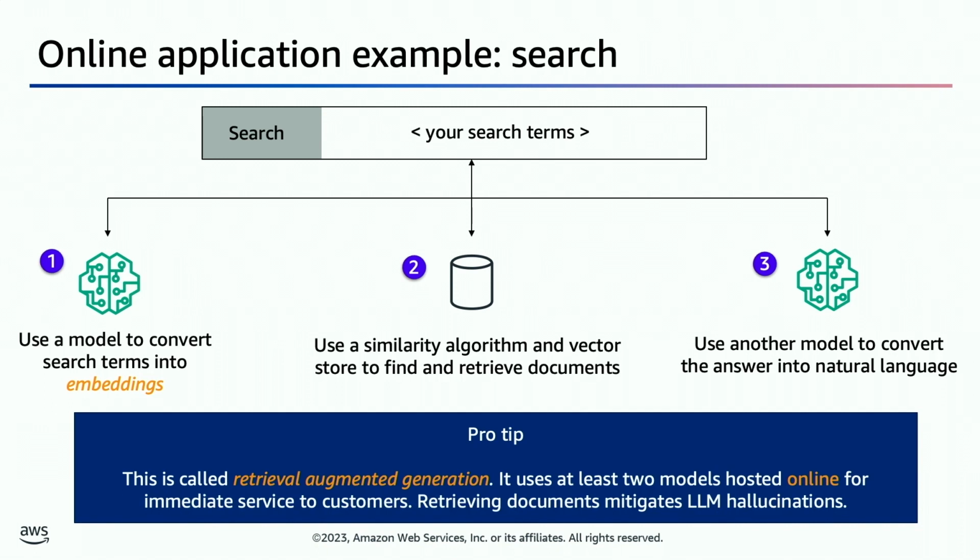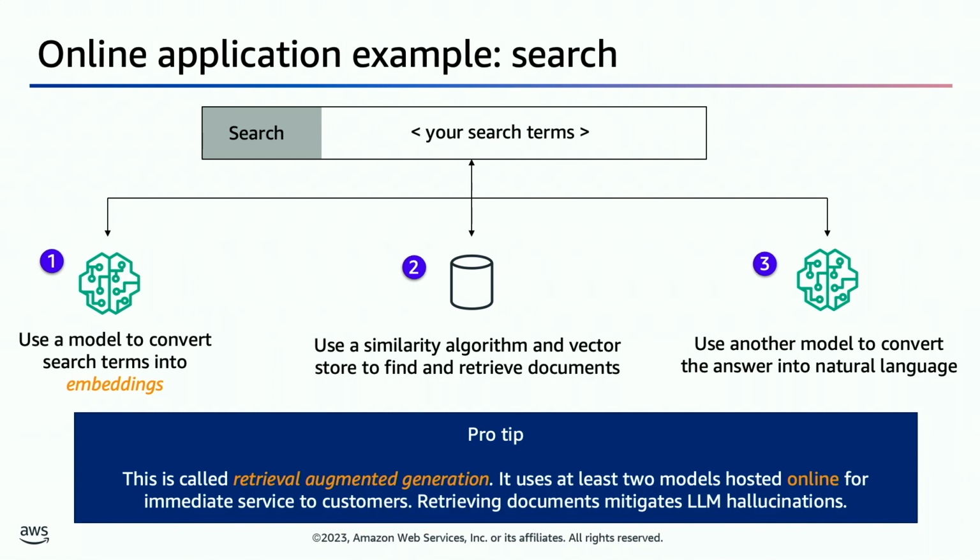It's a long list of numbers that a model basically uses to understand context, right? So when we take any type of modality, be that vision or language, first we convert that into embeddings to then feed into your neural network. And so we'll use a model to convert those search terms into embeddings.